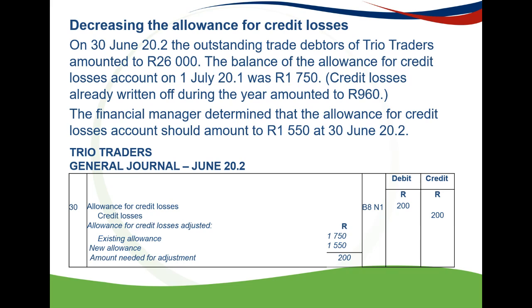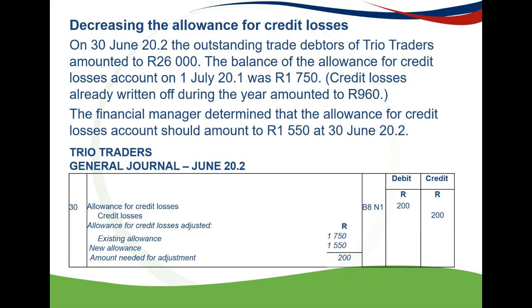Now, at the beginning of the financial year it was a credit balance of 1,750, and now we are told that this must decrease to a credit balance of 1,550. So to decrease the balance from 1,750 to 1,550, we have to make an adjustment of 200 rand.